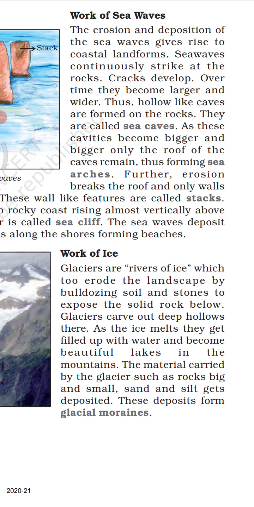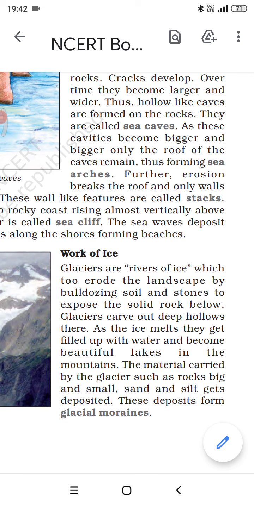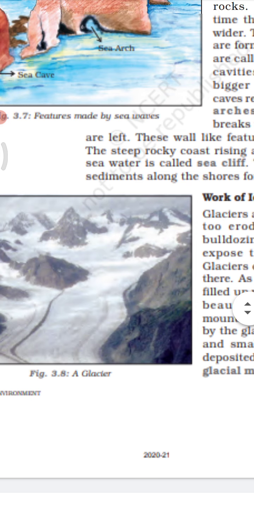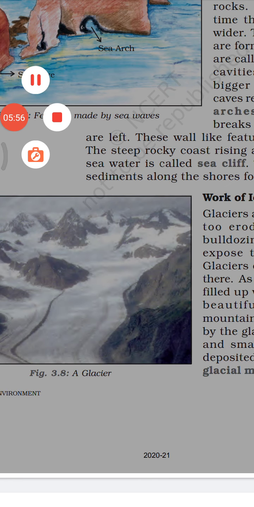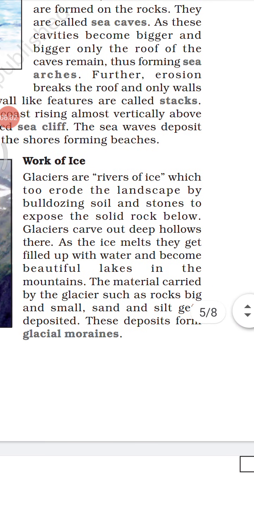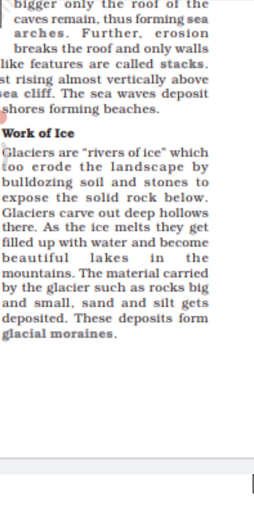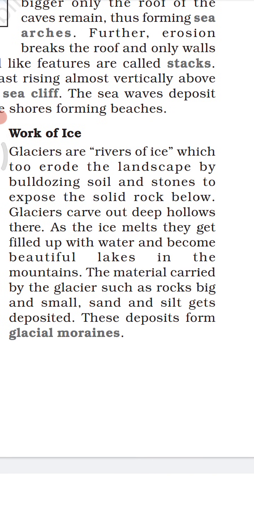Now the work of ice. The work of ice is glaciers. Glaciers are moving blocks of ice. Glaciers are rivers of ice which erode the landscape by bulldozing soil and stones to expose the solid rock below.